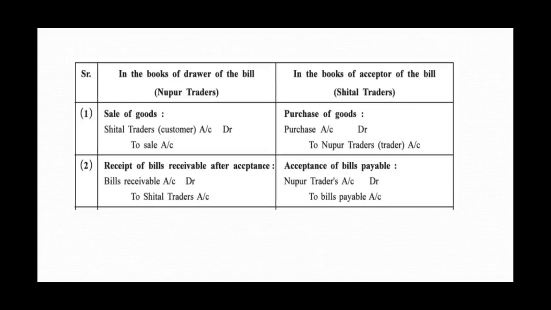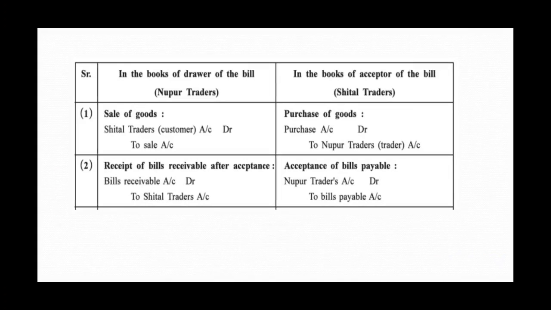The meaning is the same. And in the books of Sheetal traders, it is a purchase of goods, so purchase account debit to Nupur traders account, or you may write purchase account debit to creditor account, or purchase account debit to drawer account. All things are the same. So the first entry is for purchase and sale of goods.